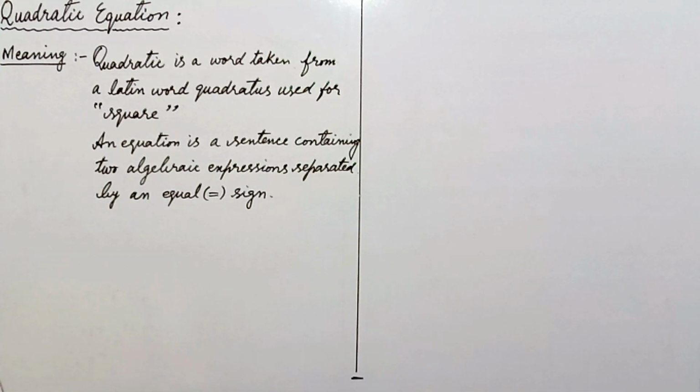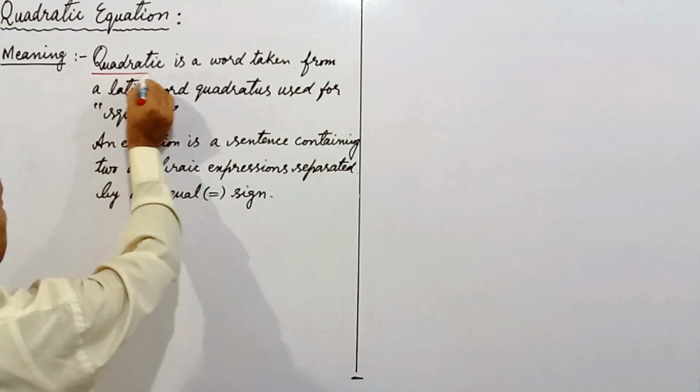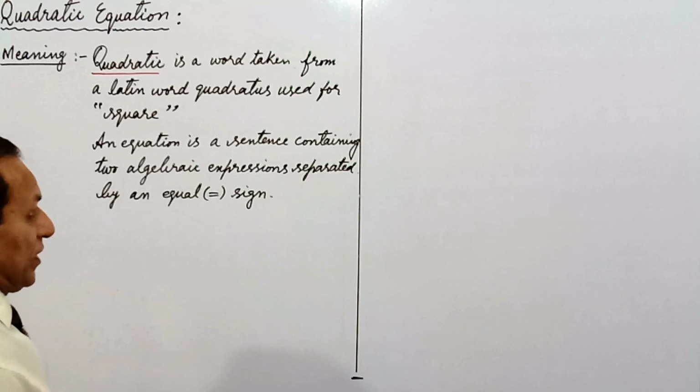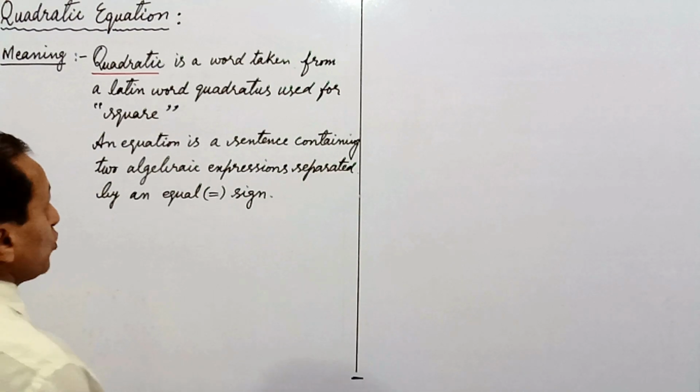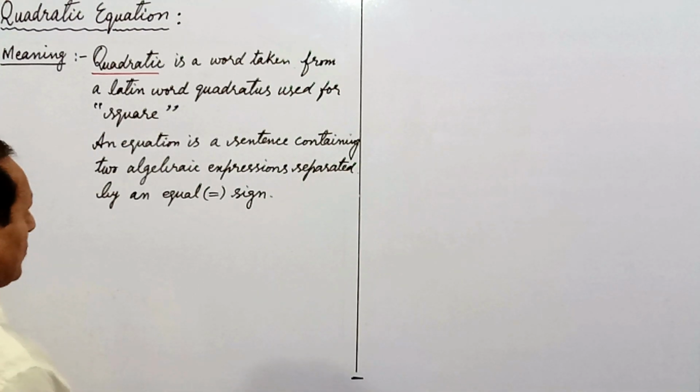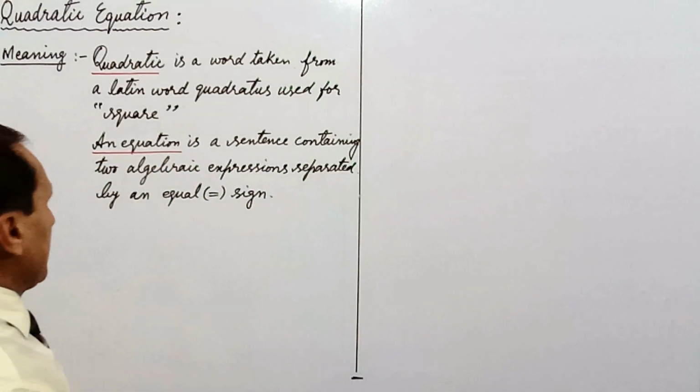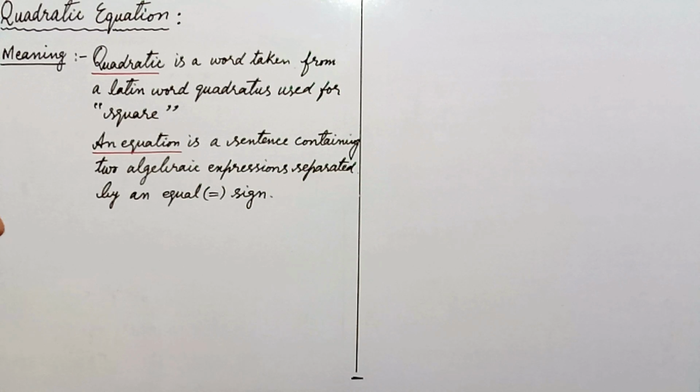Hence, you learn the meaning of quadratic equation, in which quadratic is a word taken from a Latin word quadratus, used for square, whereas an equation is a sentence containing two algebraic expressions separated by an equal sign.